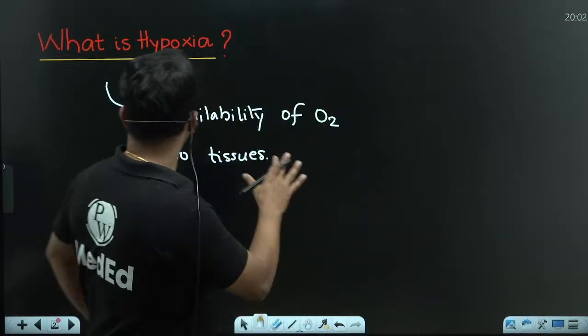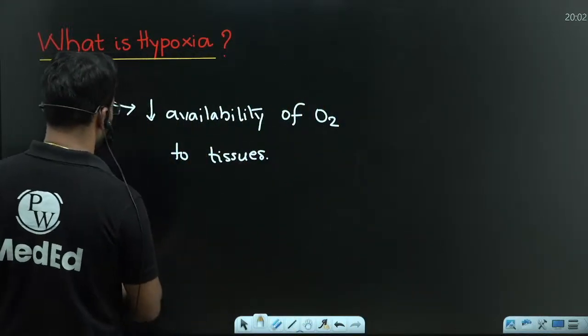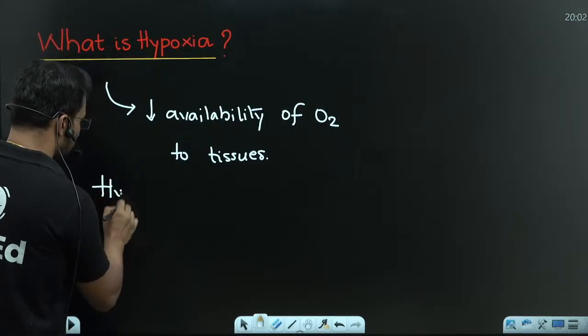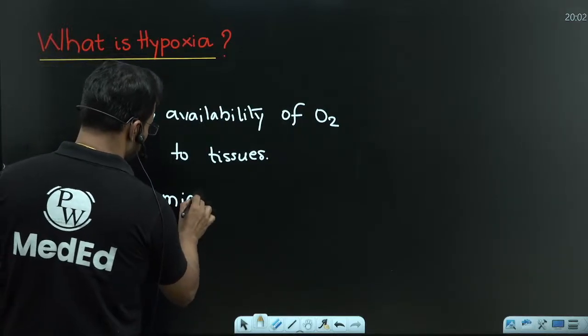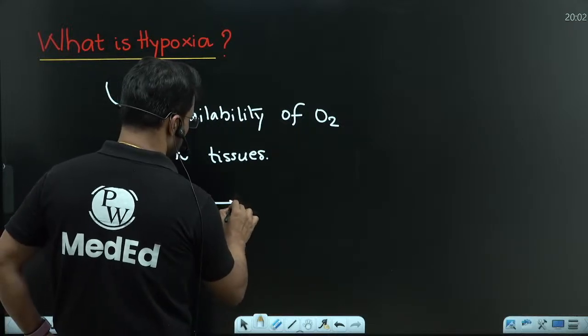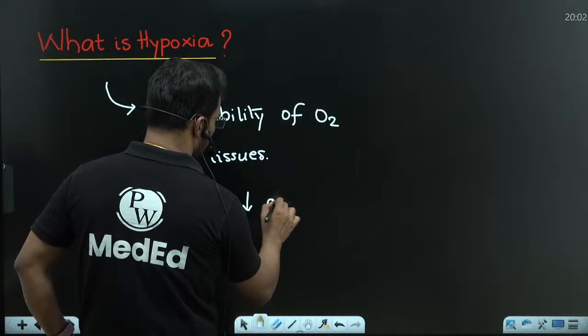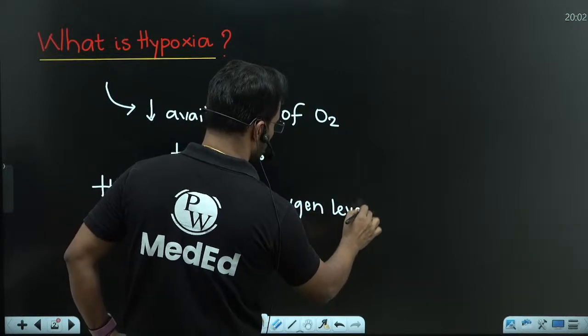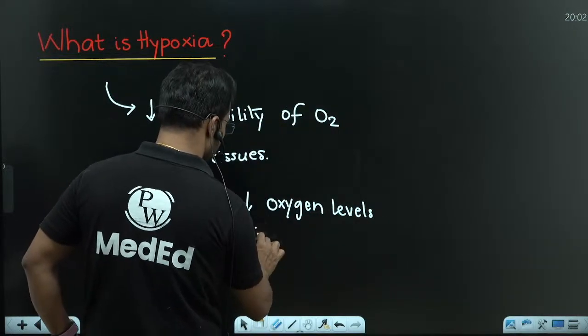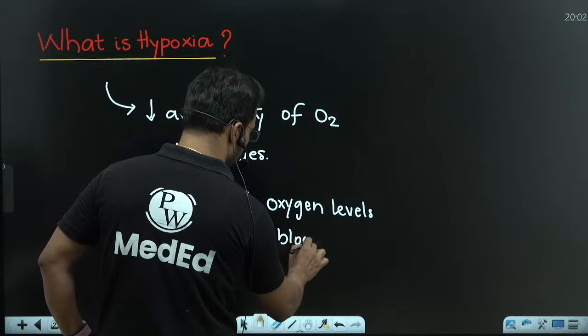Okay. So hypoxia refers to decreased availability of oxygen to tissues, and the term hypoxemia refers to decreased oxygen levels in blood. We call it hypoxemia, right?